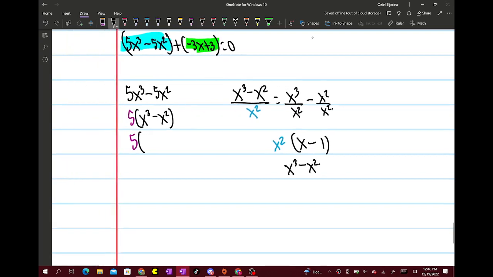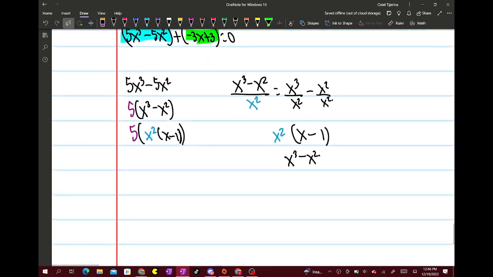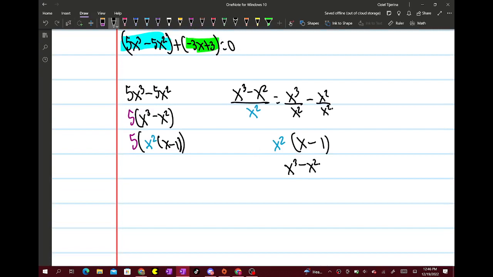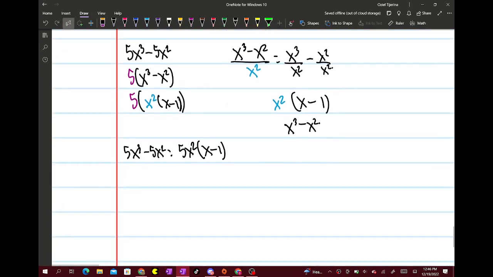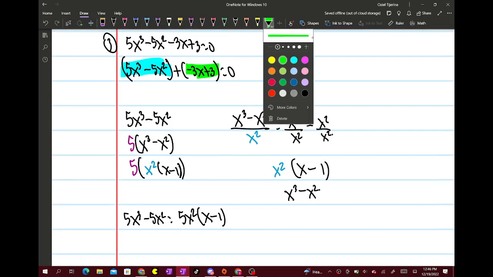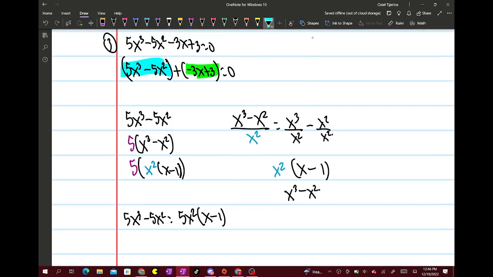So that would be the factored form, right? So that is how you factor that one. So really, 5x cubed minus 5x squared is equal to 5x squared times x minus 1. That's the first part, right? Now the other part is we need to factor the negative 3x plus 3.